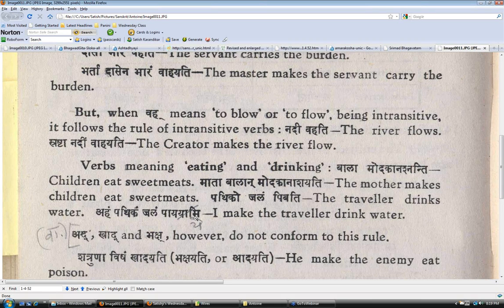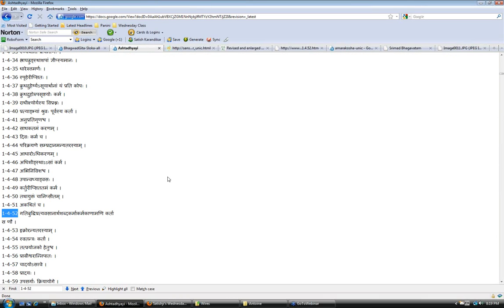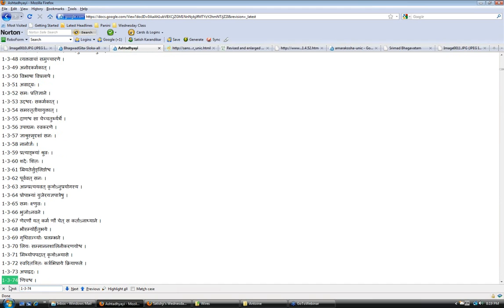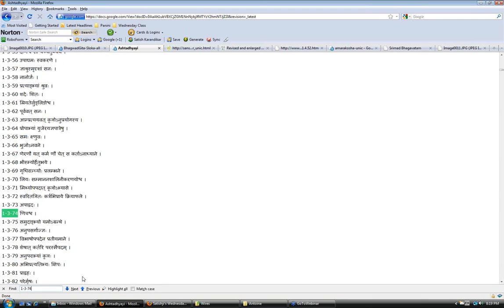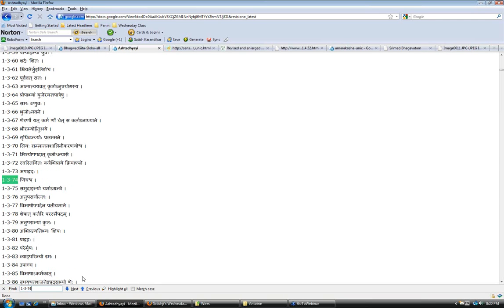Now what is happening here between Atmanepadam and Parasmaipadam, not to spend too much time because that's not the topic right now. But if you remember, we had gone to section 1.3, starting with Nichascha, I think 1374. Look at the sutram Nichascha. It basically says that when we have the kartrabhipraya kriyaphalam, then we can use Atmanepadam. Then sheshat kartari Parasmaipadam.